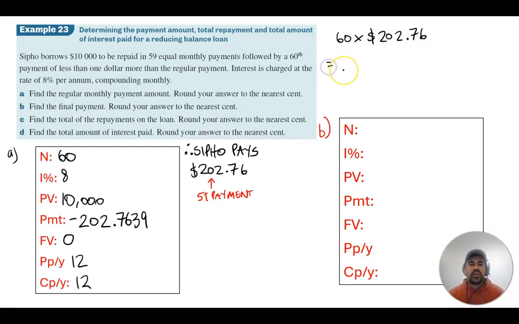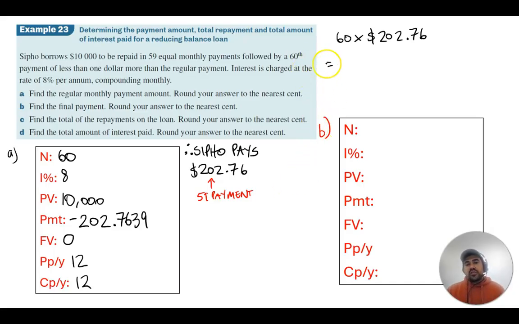This here will give us how much he's paid off to the bank. So the $10,000 and the interest on top of that. Because the unfortunate thing about the financial solver is that it doesn't show you how much interest has been paid to the bank. It can show you anything else, but it doesn't show you that specific interest amount.